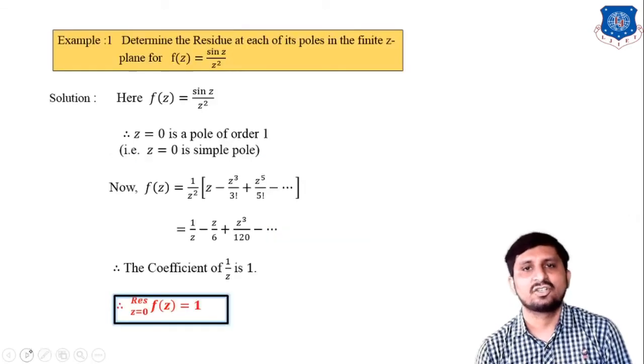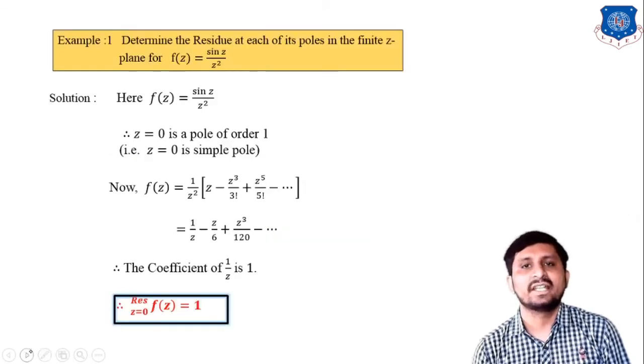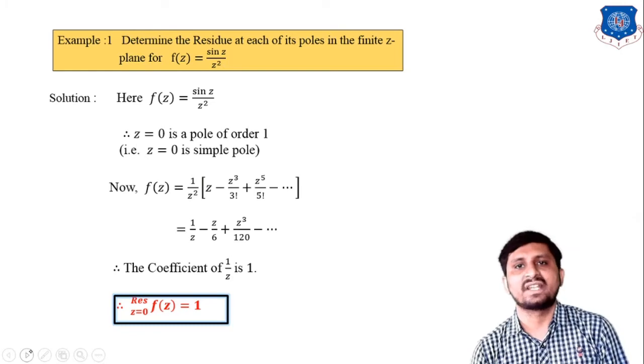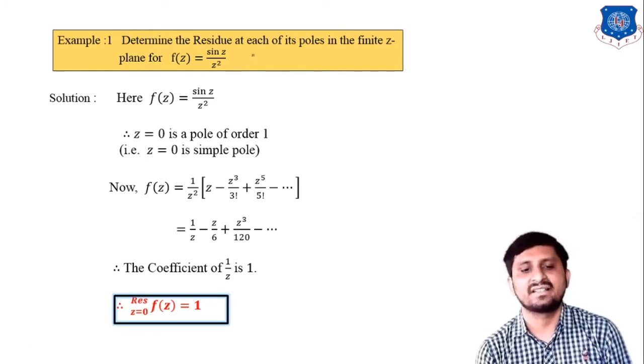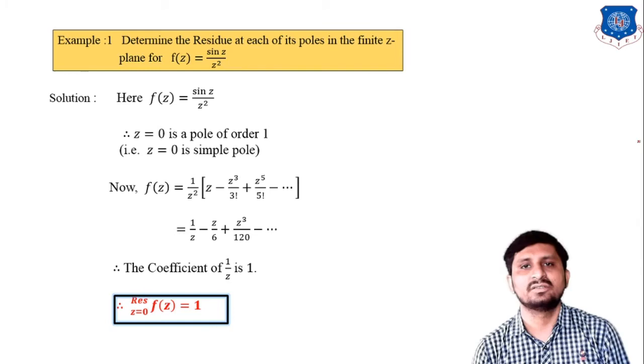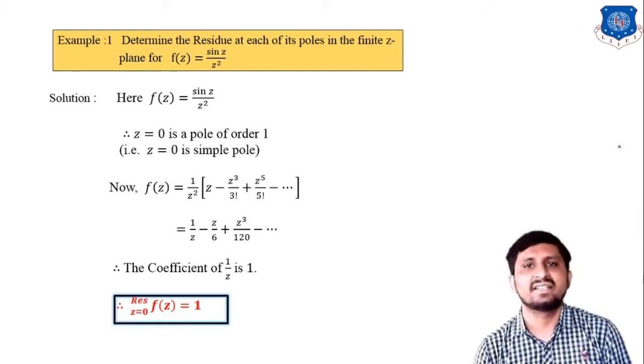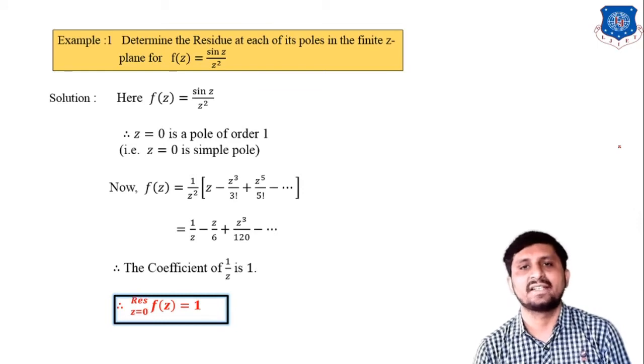Now let's solve some examples to understand the concept of residue. This is my first example: determine the residue at each of its poles in the finite z plane for f of z equal to sin z upon z square. One thing I want to tell you is that if you can easily express any function f of z in the form of a Laurent series, then from that series you can easily find the residue, but every time it's not possible.